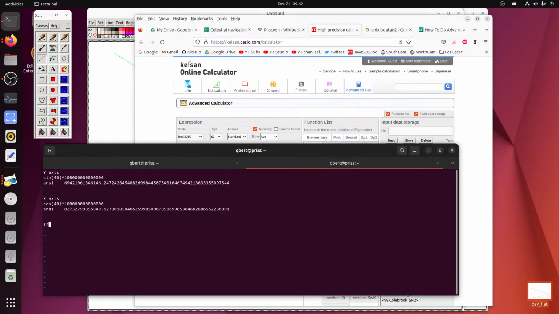And then if I go up 2 meters, then my angle is, come on.